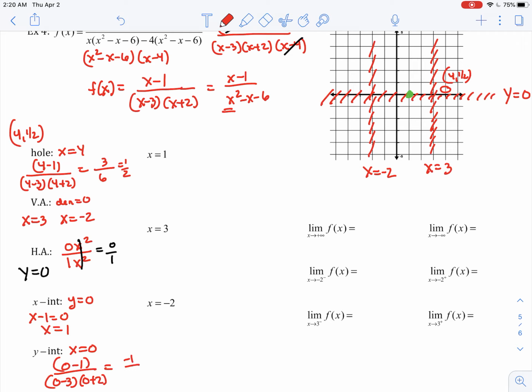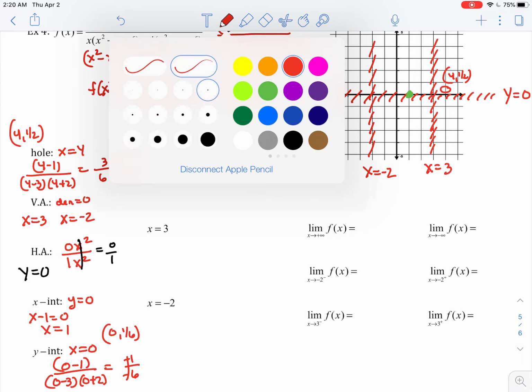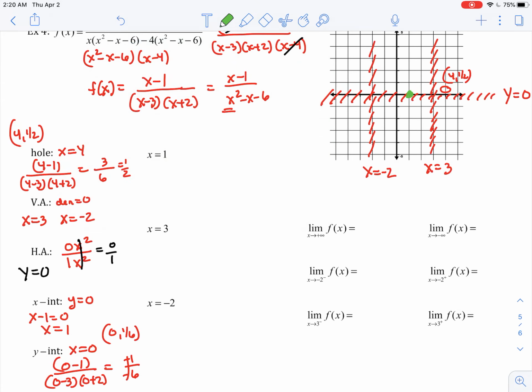And our y-intercept is a negative 1 over a negative 6, or a positive 1/6. So we have a y-intercept at (0, 1/6). And let me switch my colors here. I'm going to put our 1/6. We're just going to plot that right there on our y-axis.